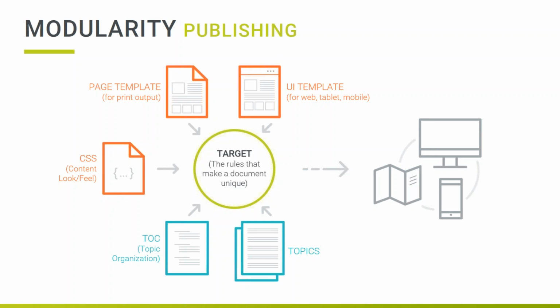So that target, if you remember back in Word, I said that in Word, you're authoring content, embedding format, and defining the scope. And in Flare, we would split those three apart. Well, the target is where we bring those three back together.